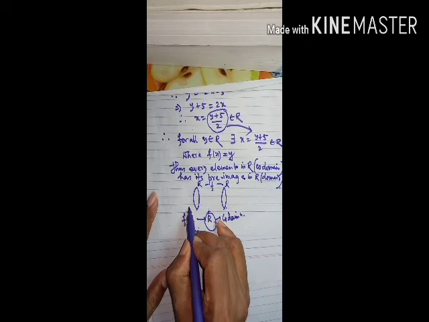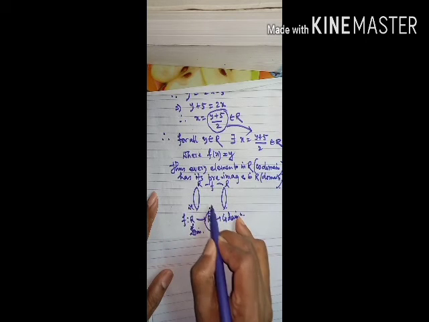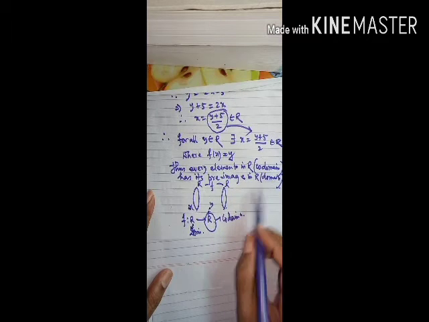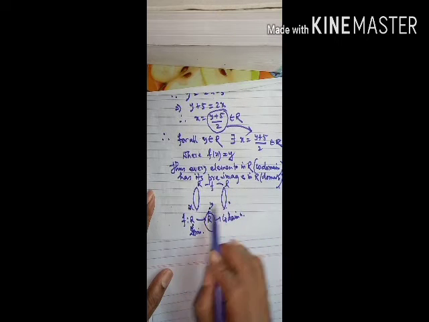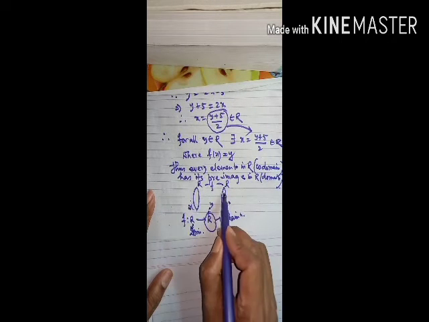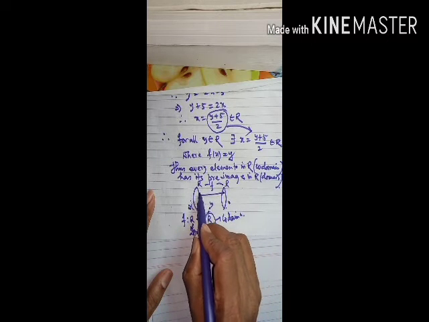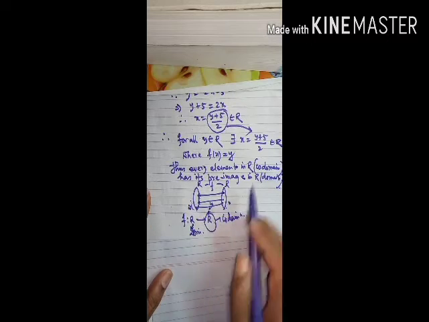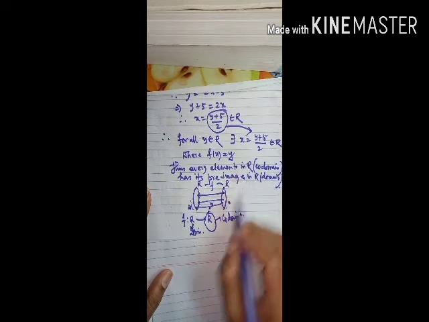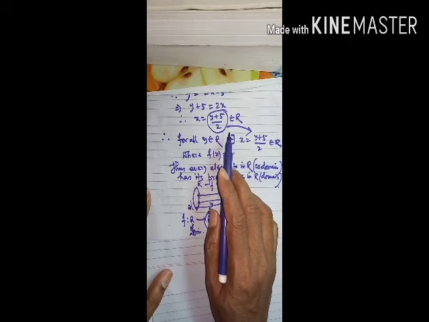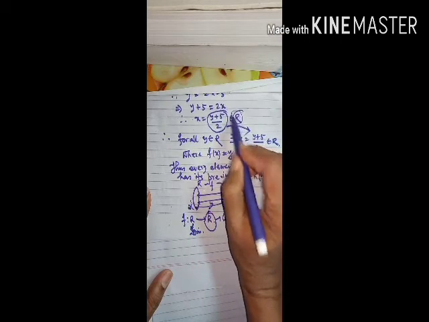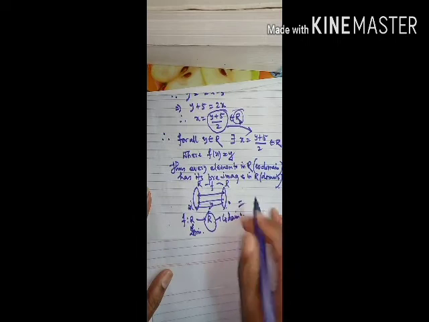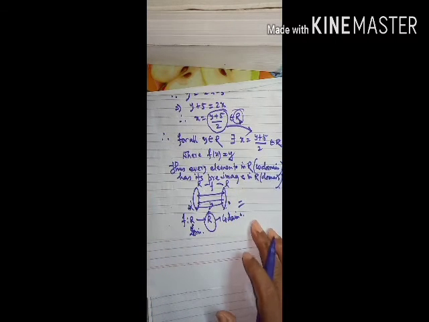This is x, this is y. Every element in R, this is codomain, has its pre-image. Here every element of R has a pre-image, here also. This is the relation.